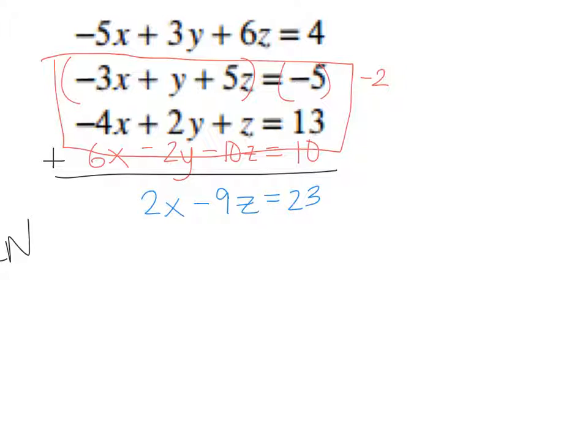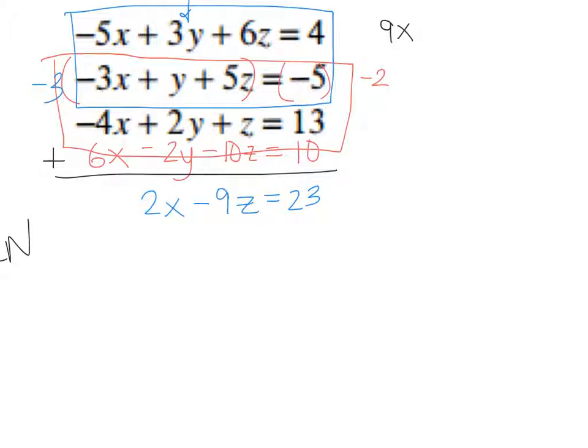So I've eliminated the y. So then I need to look at a combination of two other equations that I can eliminate the y. So I'm going to do these top two. I'm going to multiply the bottom one, this one right here, by -3 in order to get these y's to eliminate. So it's going to be, I'll write it over here, 9x minus 3y minus 15z equals 15.